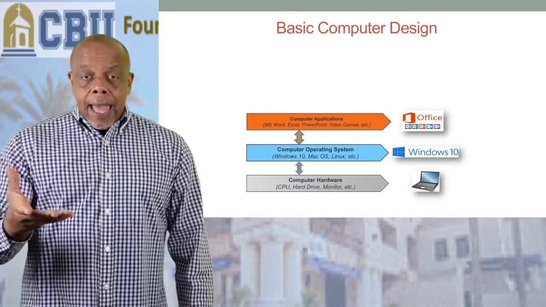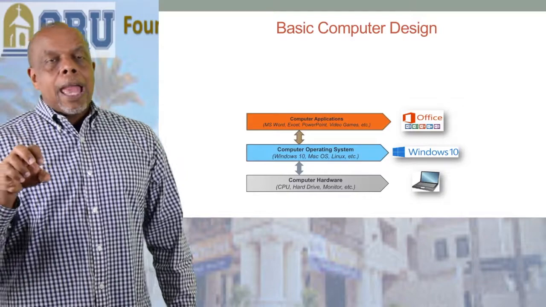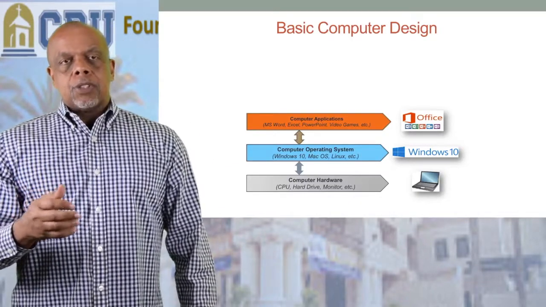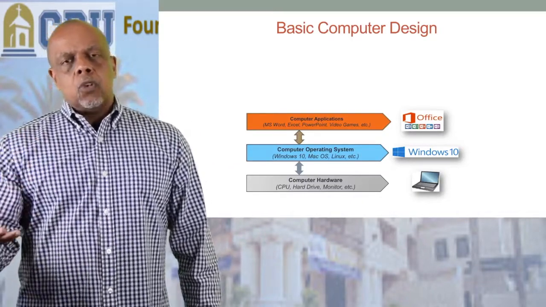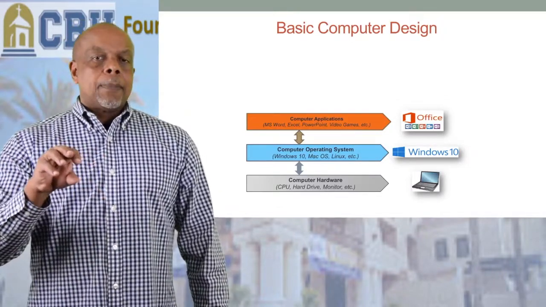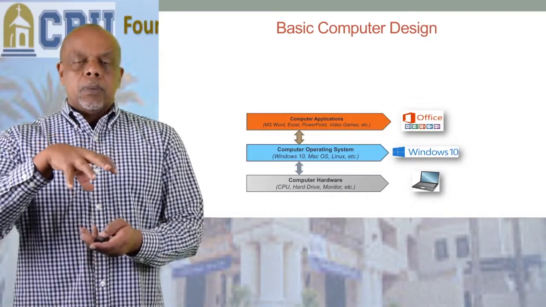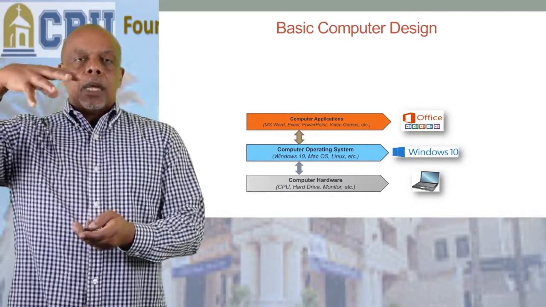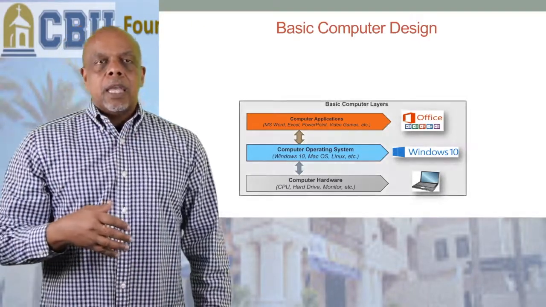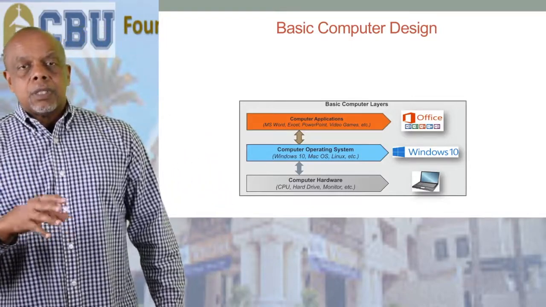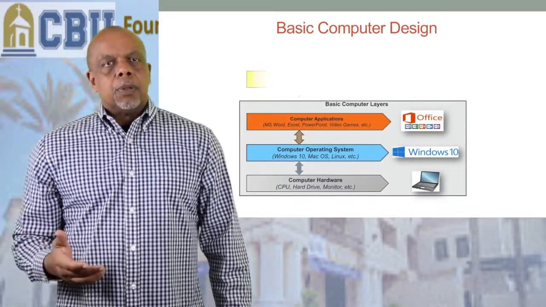On top of that, we have our computer applications, such as Office or Adobe. So we have hardware, on top of hardware we install the operating system, and on top of the operating system we have applications. Those are the basic layers of pretty much any computer.